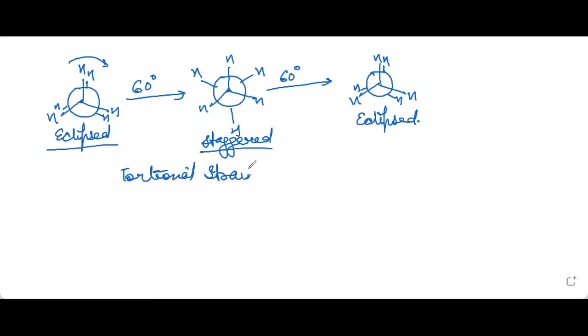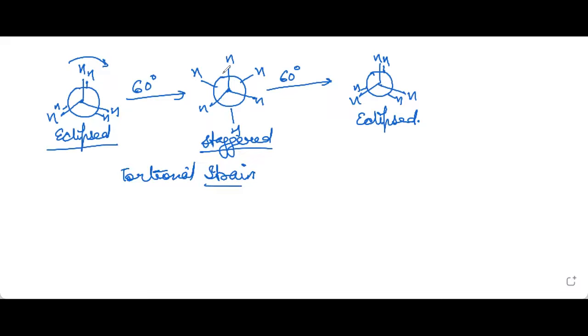So what is torsional strain? It is the repulsive interactions between the electron clouds. So these are the bonds. They are having electrons. They are forming electron clouds. Okay, now if there is repulsion, that repulsive force is known as the torsional strain.